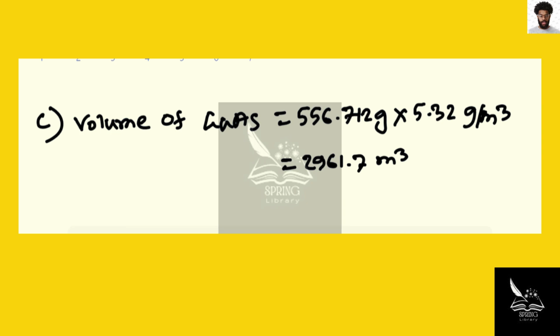So this is the volume of gallium arsenide, and the area of the thin film which can be covered is, so the length of the thin film is given as 40 nanometer, which is 40 times 10 to the power minus 9 meter.